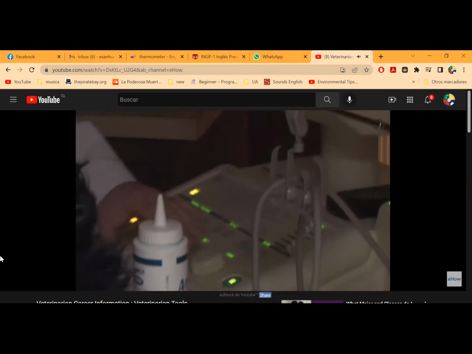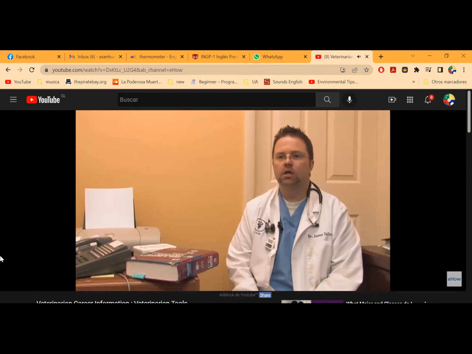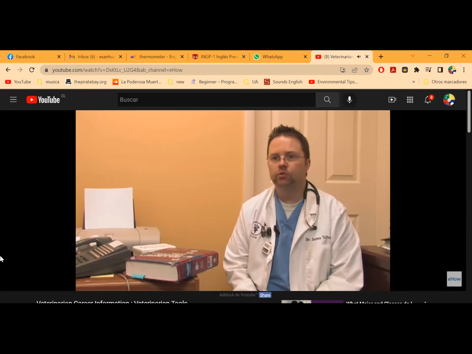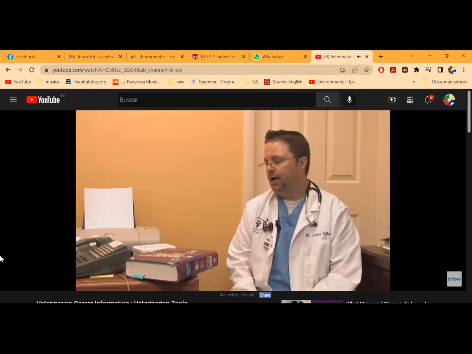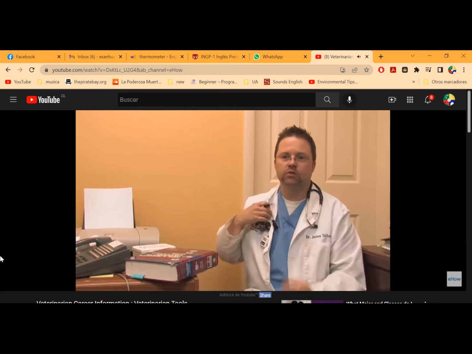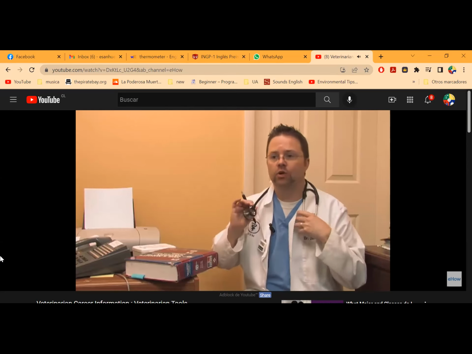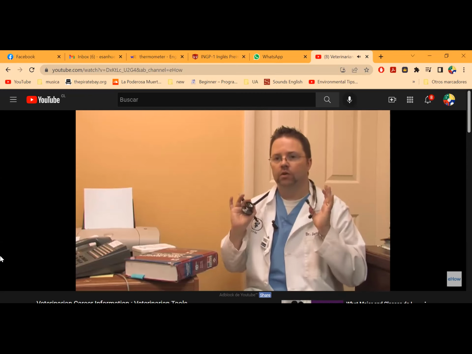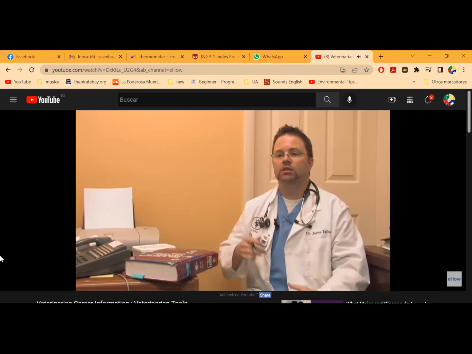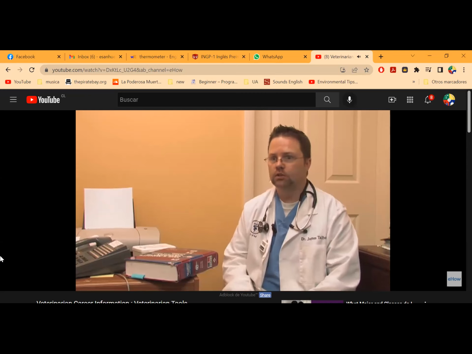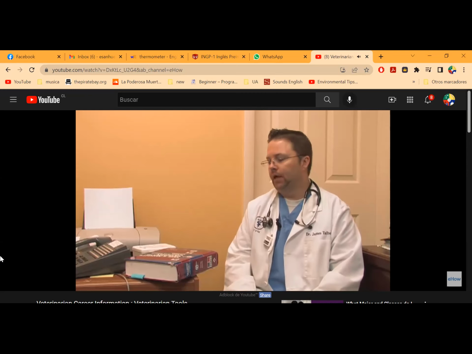Some of the tools that veterinarians use revolve around the same types of tools that are used in human medicine. We use stethoscopes a lot. So there are a lot of things you can determine with an animal when using a stethoscope. Listening to their lungs, listening to their heart, listening to their abdomen. That can give you a great deal of information.